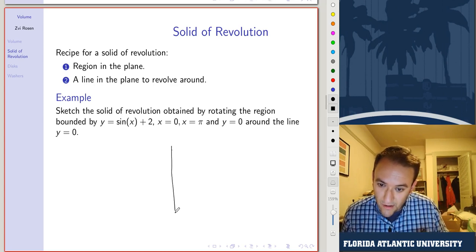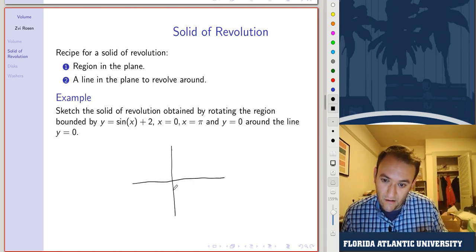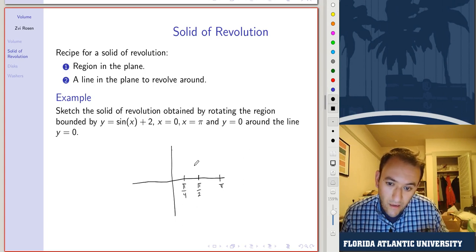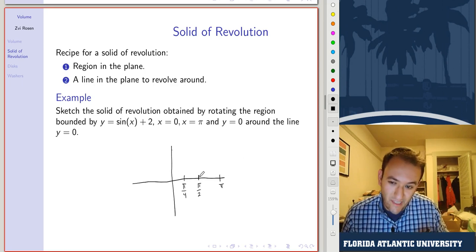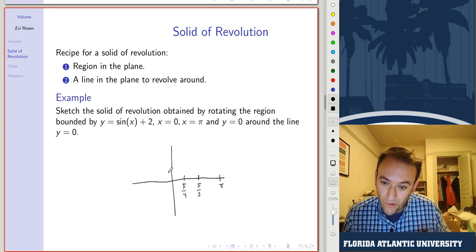So let's get some axes here. We'll make this pi, which means this is pi over 2. This will be pi over 4. And notice that y equals sine x plus 2, so when sine takes its maximum, y will be as large as 3. So we want to make sure we get up to 3 here.